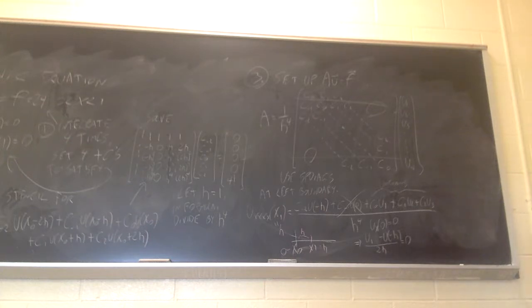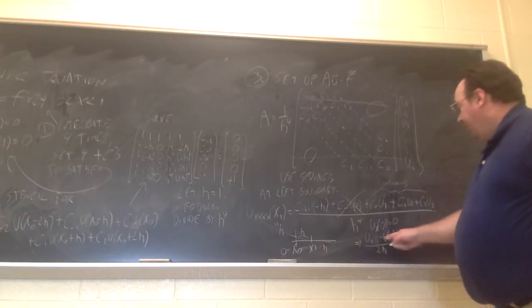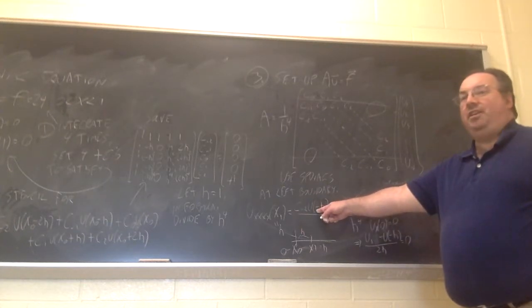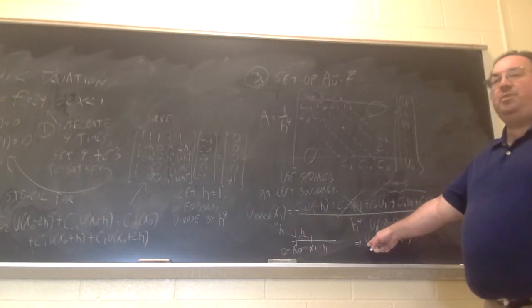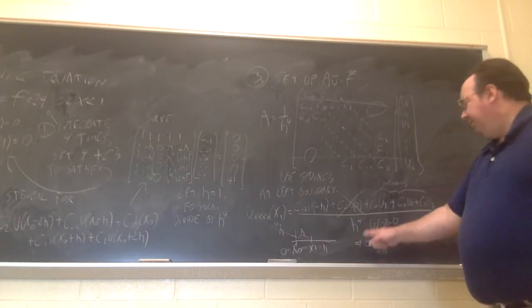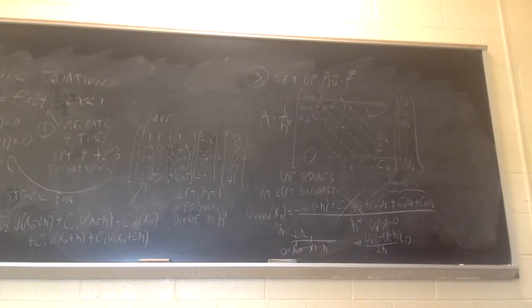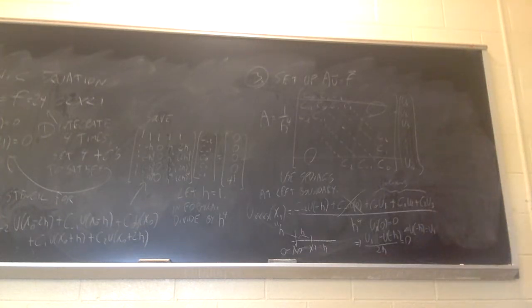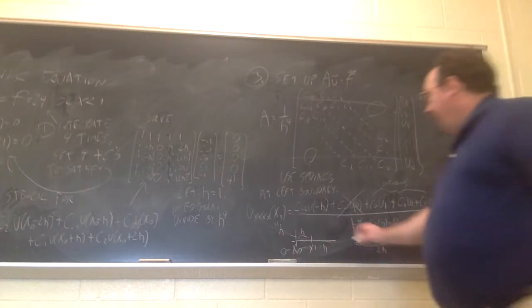Now what this is saying is that this u of minus h that's over here is equal to u1 from this equation, because that derivative is 0. So from this, we get u of minus h equals u1. Okay. So I can fill that in.